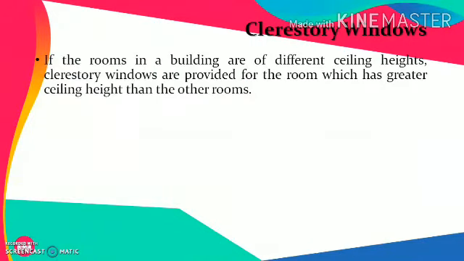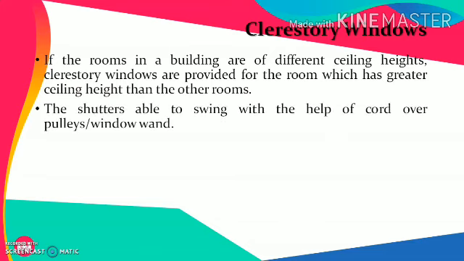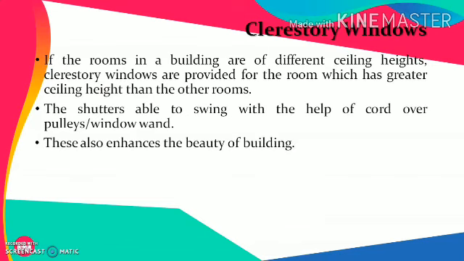Next is the clerestory window. Rooms in a building can have different ceiling heights. Clerestory windows are provided for a room which has greater ceiling height than the other rooms. The shutters can swing with the help of a cord over a pulley, or can even be operated using a window wand. These also enhance the beauty of the building along with better provision of lighting, particularly in case of different ceiling heights.